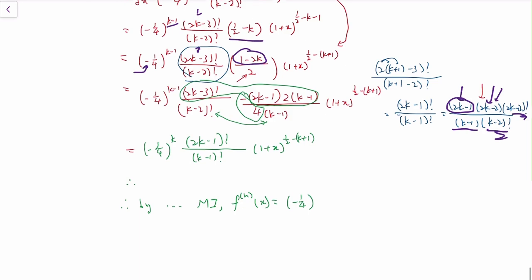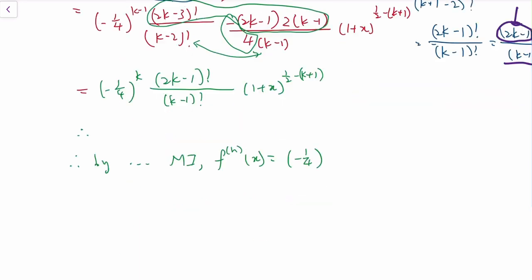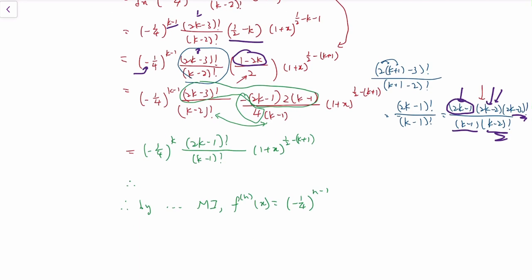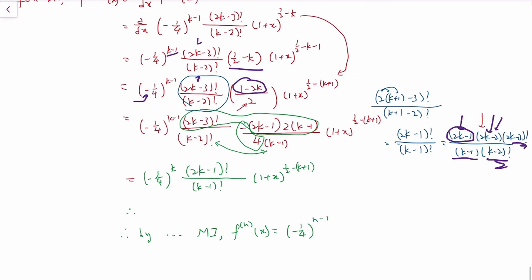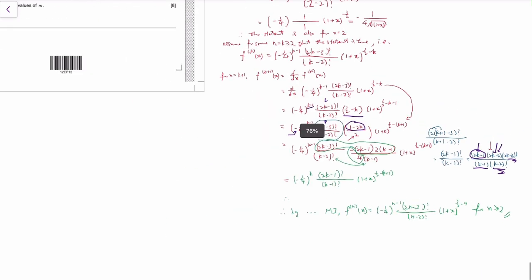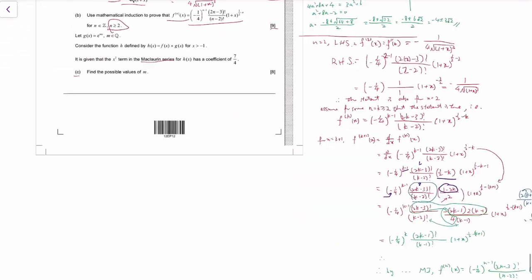What was it? There. 2n minus 3. So you're basically copying the question, for n bigger than or equal to 2, right? n being integers, obviously. Okay, MI, it's never difficult.